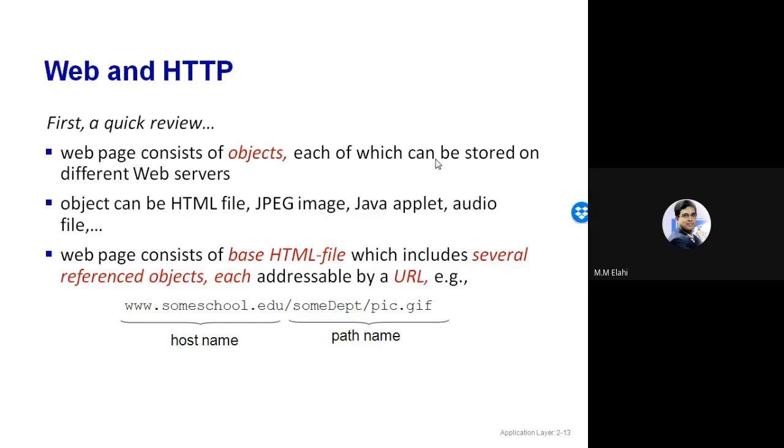So if you browse a web page with 5 different images, how many objects are there? 5 plus 1, because of the base HTML file. If there are 5 images, 2 videos, 1 audio, how many? 5 plus 2 plus 1 is 8, plus 1 is 9. So keep in mind, a web page consists of objects, because to understand HTTP we need to know this first.